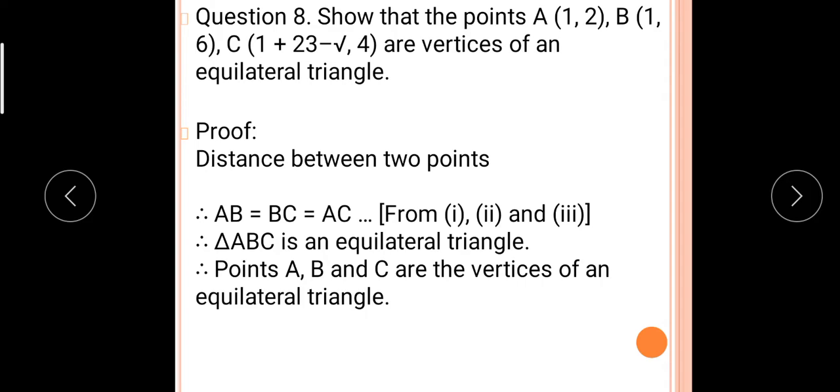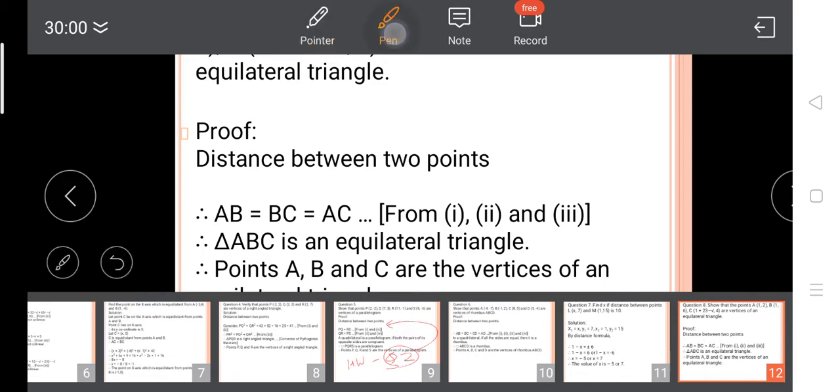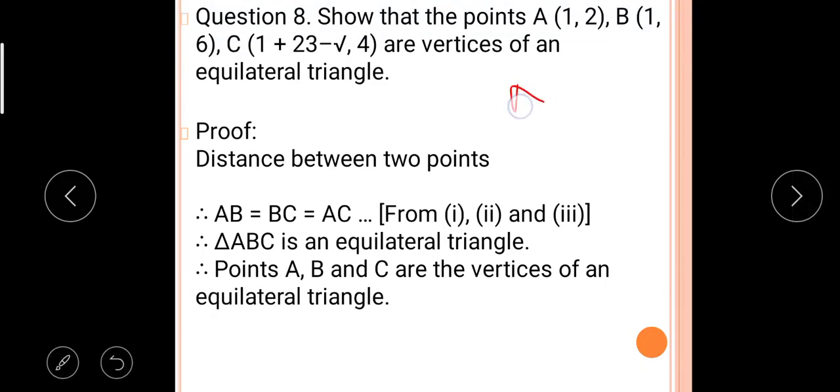All of you know that we have to show that the AB distance is equal to BC, which is equal to AC.